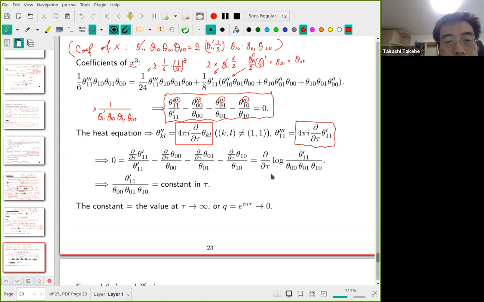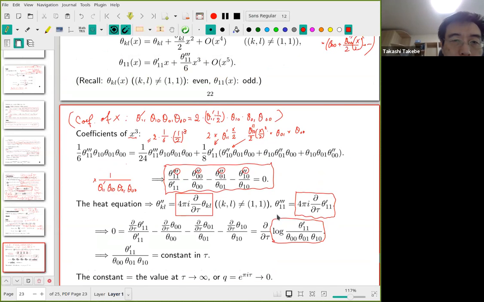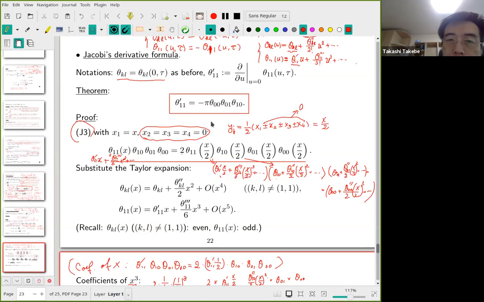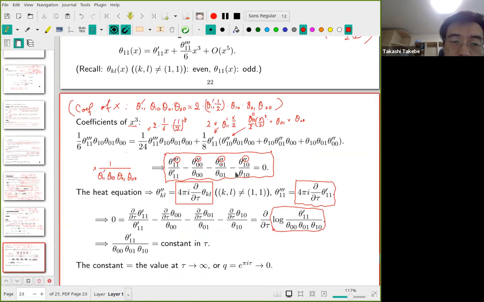What does this mean? This means that this does not depend on tau, or in other words, such a ratio does not depend on tau. So we are already close to this formula. The only thing we have to do is to find this constant, namely this ratio.